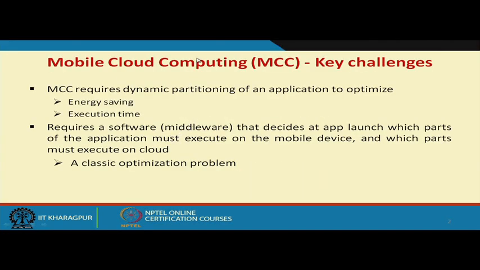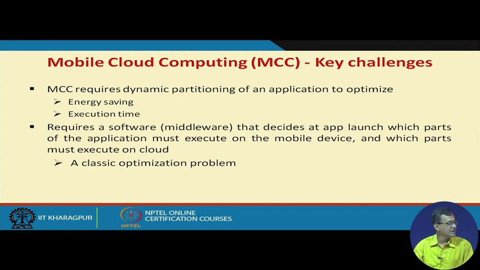As we have seen, some of the key challenges are that it requires dynamic partitioning of an application to optimize energy saving and execution time. As mentioned earlier, these are the two things: energy saving and execution time. If the time is beyond a limit, the process may not be viable to run.